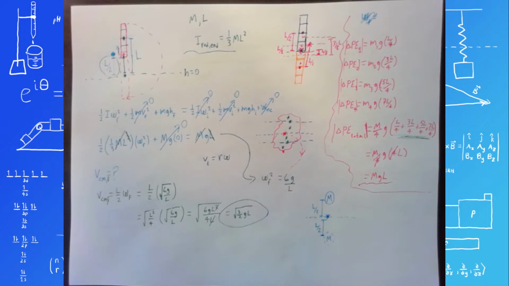Can't really do that here. You can't just use the center of mass here because, I guess the simplest way to word it is you're going to be averaging a square of velocities.